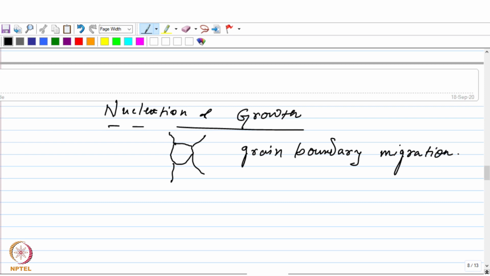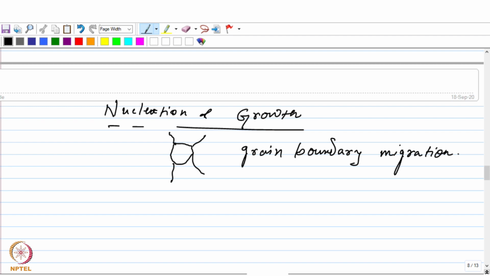In order to explain how exactly the grains grow when a nucleus with a size greater than the critical size forms, how exactly it can grow during this recrystallization process, that can be understood by a similar but much simpler phenomenon compared to what happens in a metal being heated.